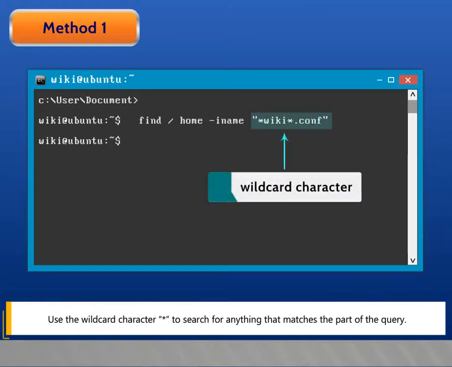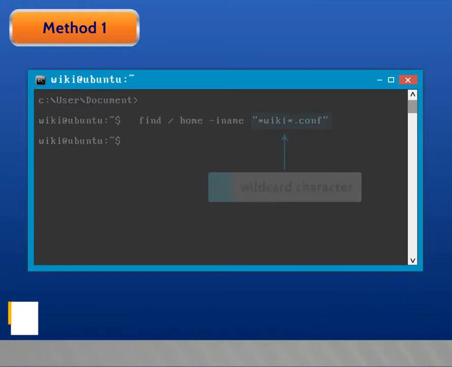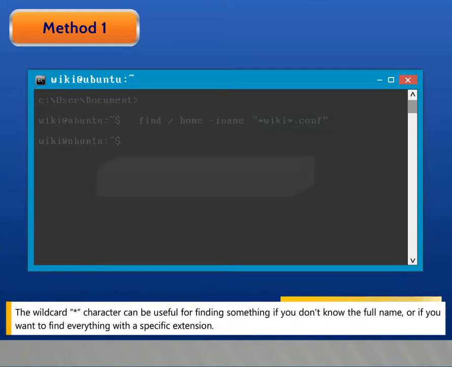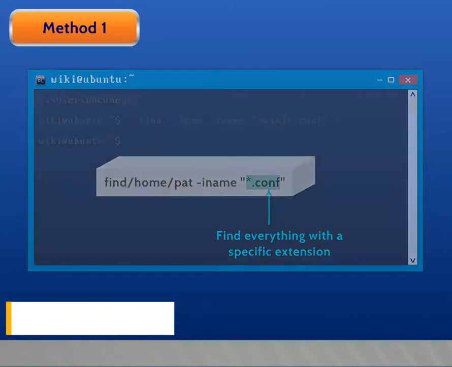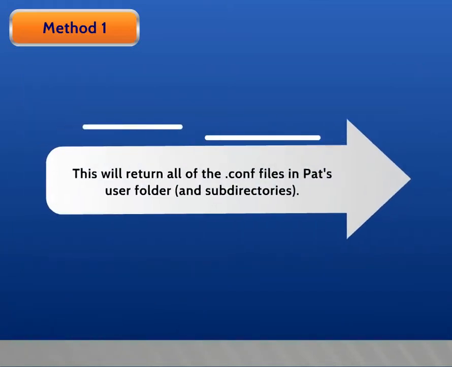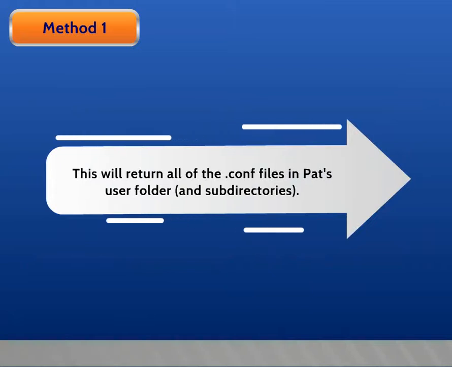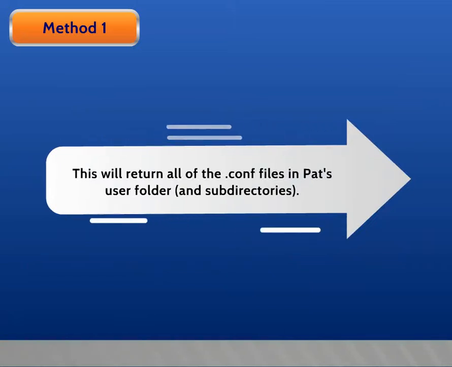Use the wildcard character asterisk to search for anything that matches part of the query. The wildcard asterisk character can be useful for finding something if you don't know the full name, or if you want to find everything with a specific extension. This will return all of the .conf files in pat's user folder and subdirectories.